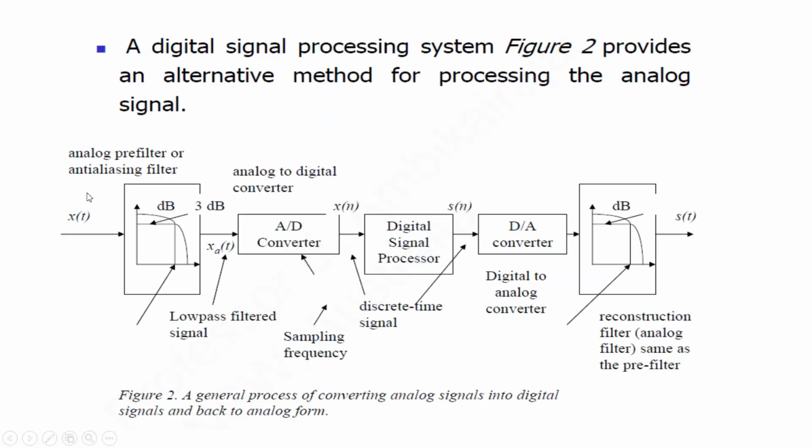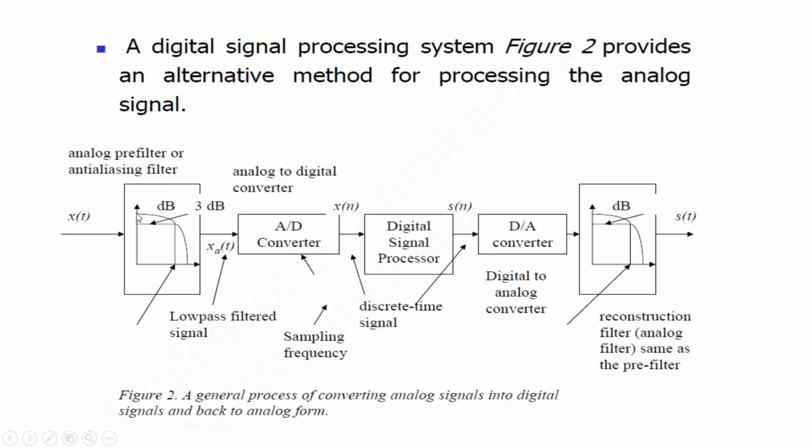The counterpart to the analog processing system is the digital signal processing system. The block diagram is shown here in figure 2, which provides an alternative method for processing the analog signal. If you look at the first block, x(t) is the analog signal taken from some transducer. It is applied to an anti-aliasing filter.